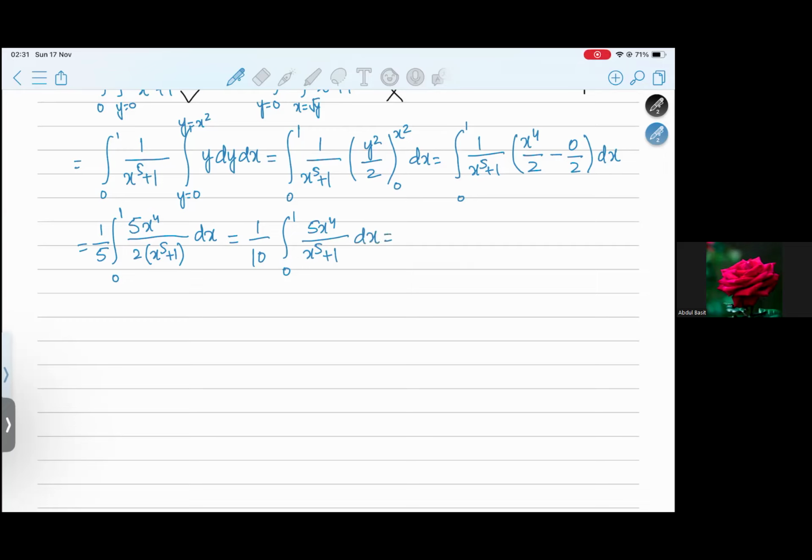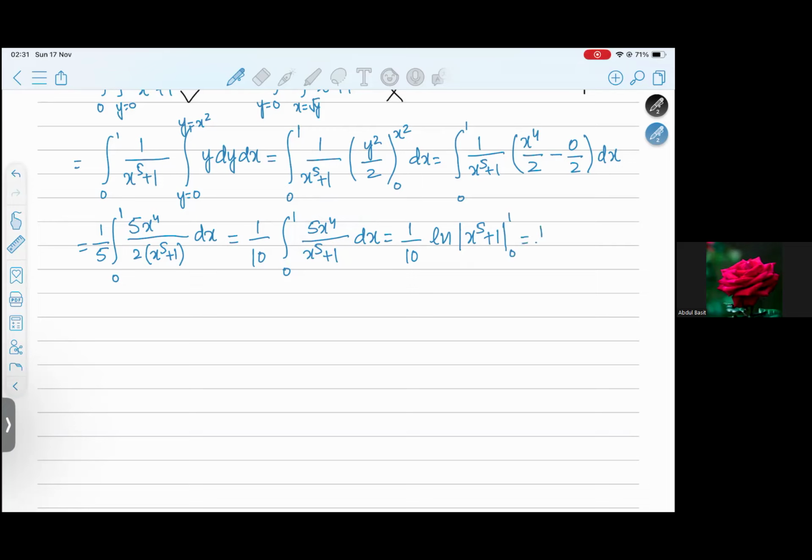So now this is the function in the denominator and its derivative is being multiplied with it, right? So I can just write this as ln of absolute value of x power 5 plus 1, and the limits are from 0 to 1.